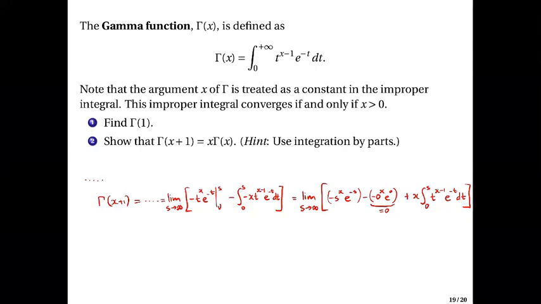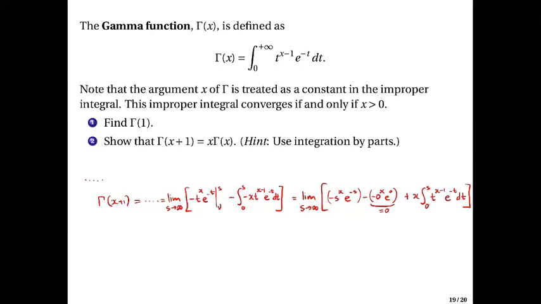If x is any real number, it will be difficult to solve this, I mean, to find the limit. If x is an integer, it will be easier, because it becomes a polynomial if x is an integer. And we can easily integrate polynomial times e to the s using continuous integration by parts.